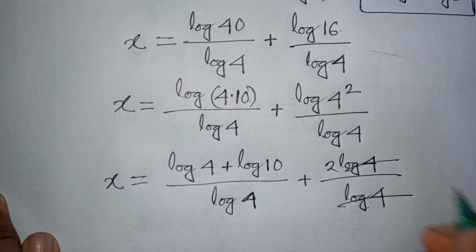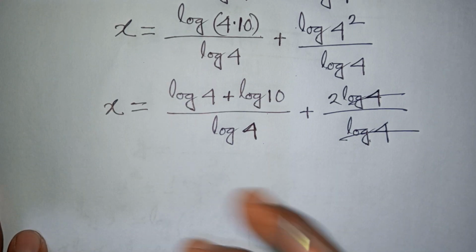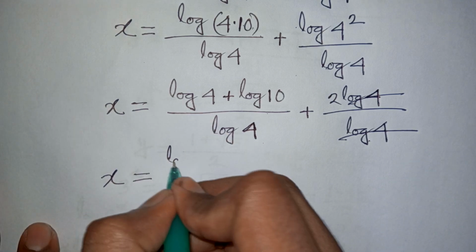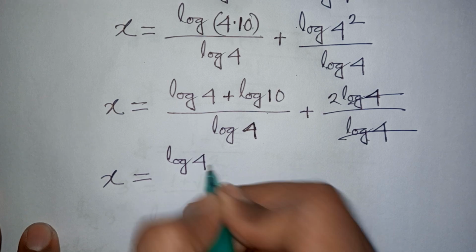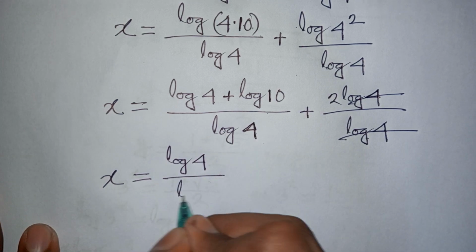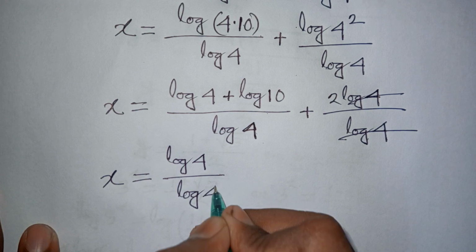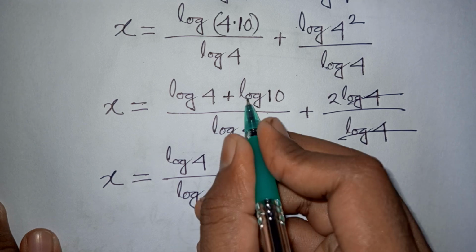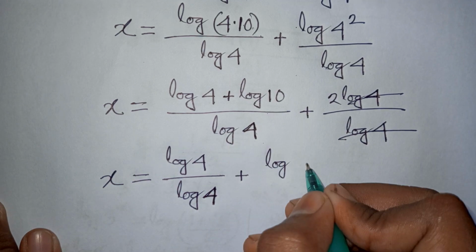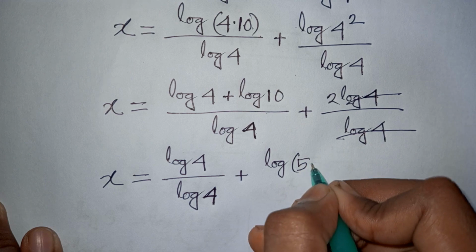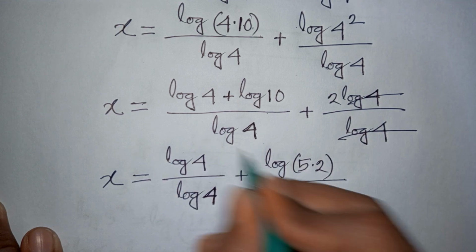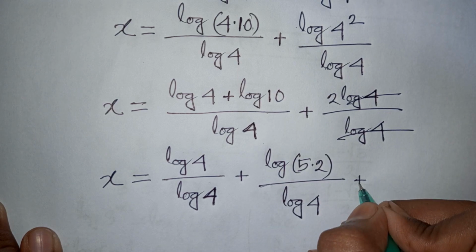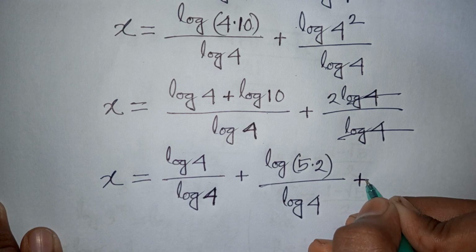So this log 4 will be cancelled. In the next step, x is equal to log 4 over log 4, then plus log 10, which is the same as log of 5 times 2, over log 4. Then here plus 2.